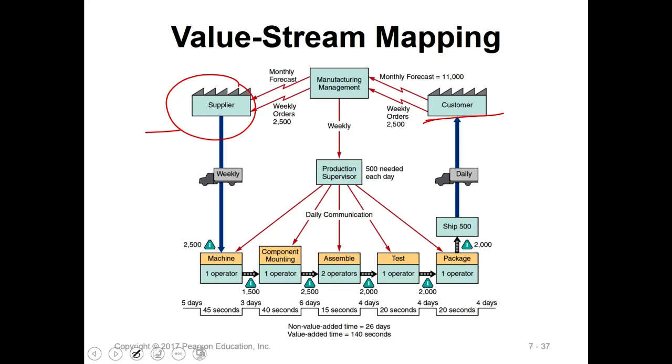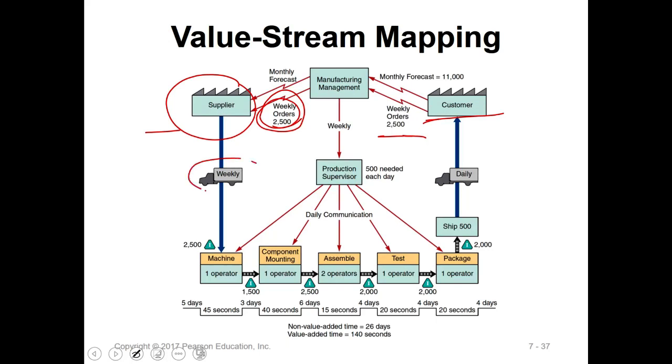They have to begin with the samples from the customer. What is the forecast of the customer demand? From the customer demand, they are going to decide the supplier's shipping schedule. So weekly orders is 2,500 units.